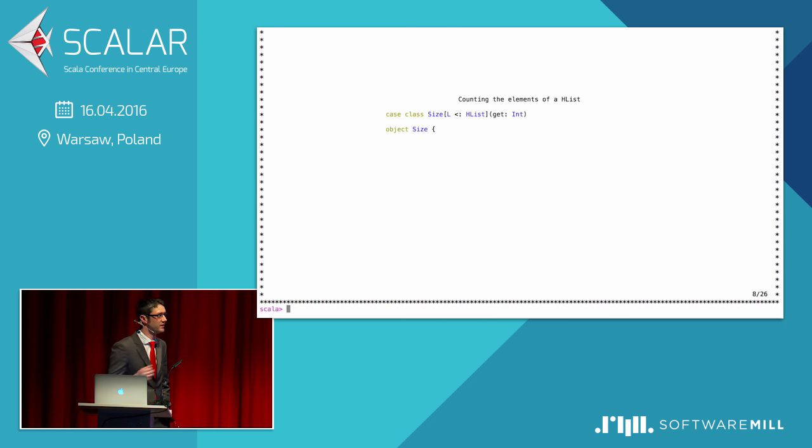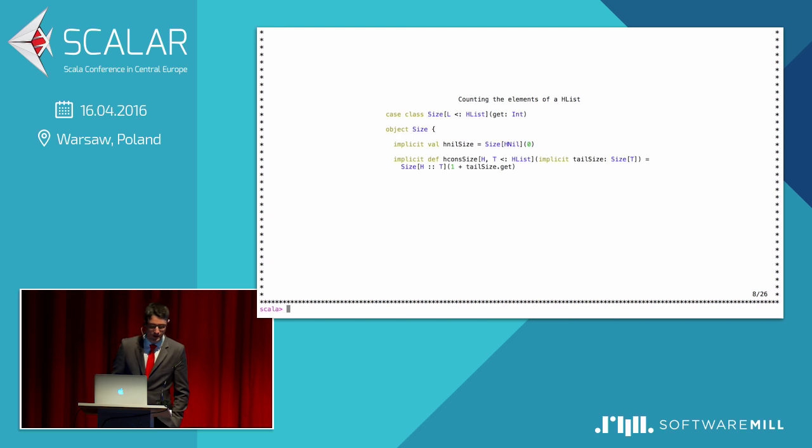Next, we define the companion object of this case class, and that's where we will put the implementation of our type class. So first, we say that HNil has size 0. So we create an instance of Size for the type HNil with value 0.